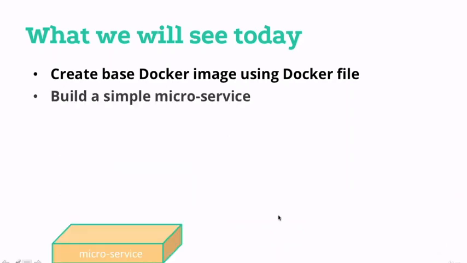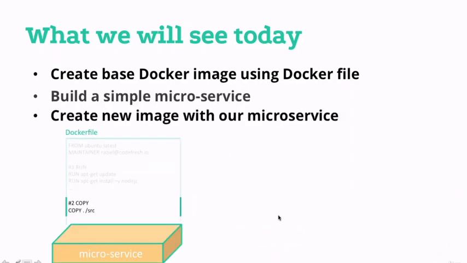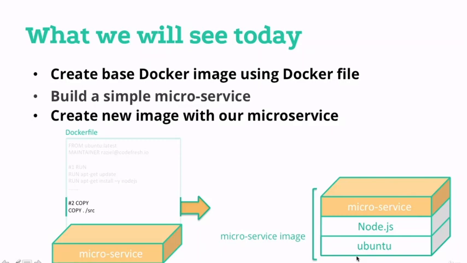We then created a microservice, and then updated the Dockerfile to copy first the package.json, run npm install, then copy all the rest of the repository, specifying the working directory and the default command, and that created an image that we can simply run with a docker run command.